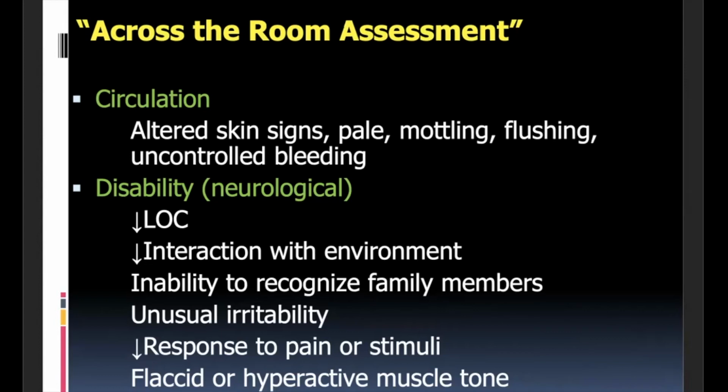What are the things that you're going to assess in terms of disability? A while ago, we already tackled your level of consciousness. The best tool that we're going to use here is the GCS. I hope you're already familiar with how to do your GCS, the Glasgow Coma Scale.